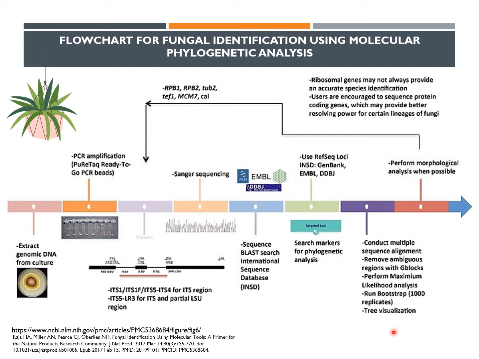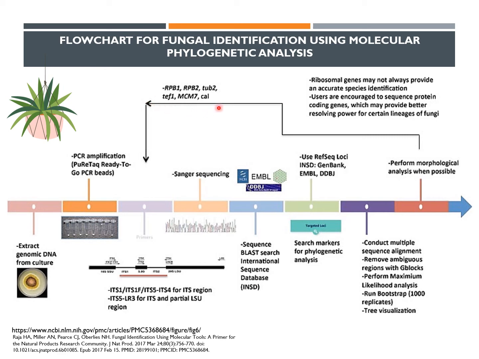After you get the tree phylogram, you can make a rough conclusion about what your unknown is. And the most important thing is you will also need to perform morphological analysis when possible to confirm the characteristics of your unknown.